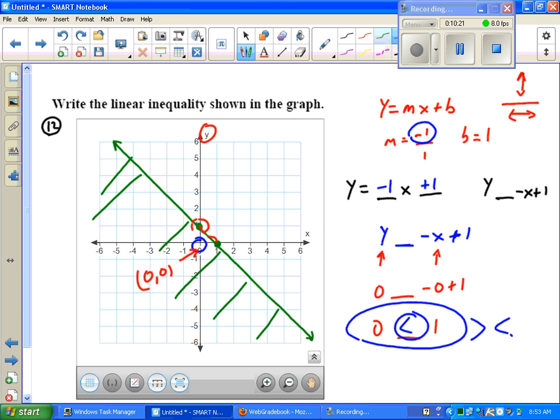You want to use that symbol that you just came up with, less than. And then the last step, you have to determine, is it a solid line or a dashed line? Since it is a solid line here, it's not just less than, it's less than or equal to. So your inequality, y is less than or equal to negative x plus 1.